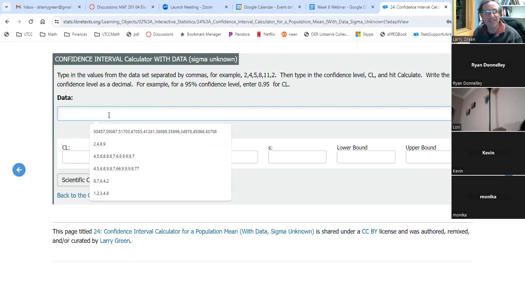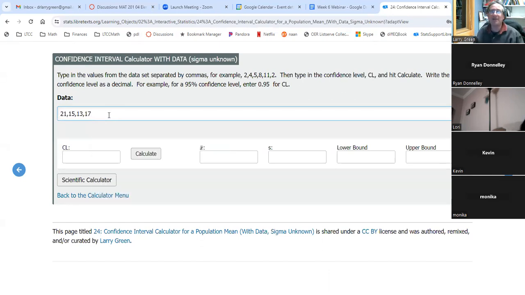And then go 21, 15, 13, 17. So just remember, you have to put commas between every number. And also, if you ever have a number like 10,500, don't write 10, comma 500. Don't ever put commas in for large numbers because you're used to it. Is that clear? Don't make that mistake.